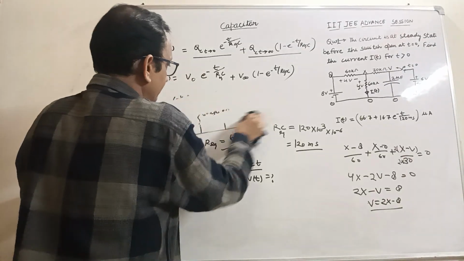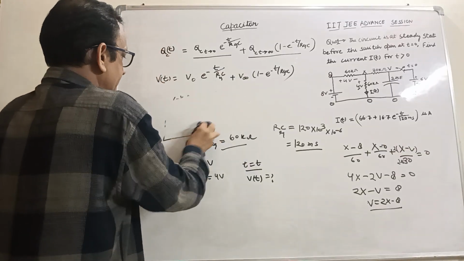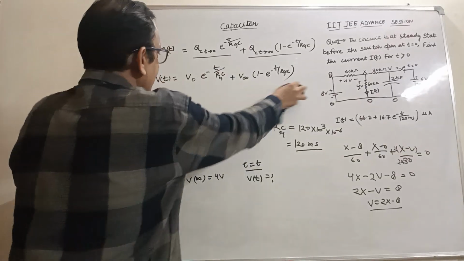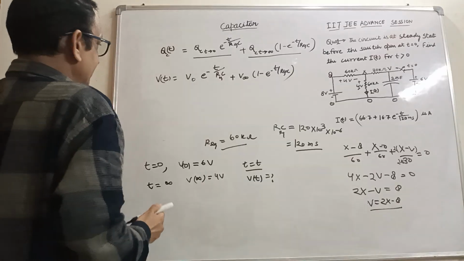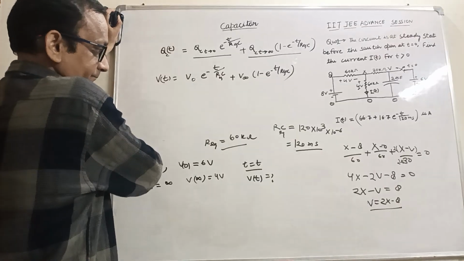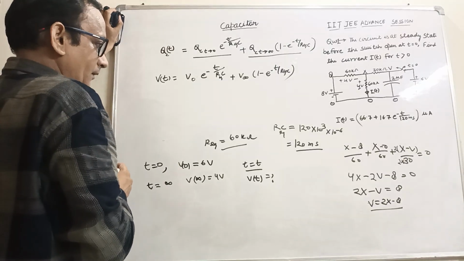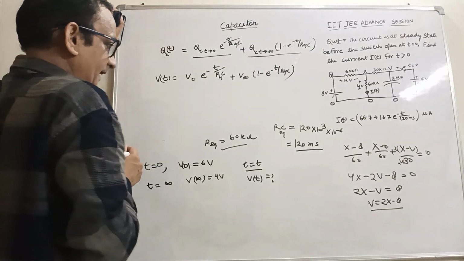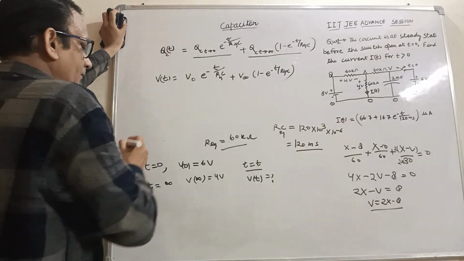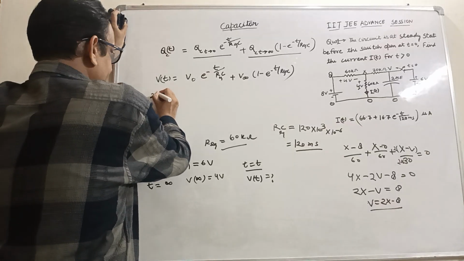So we can write the values here. So Vt, the voltage at time t, would be 2x minus 8.